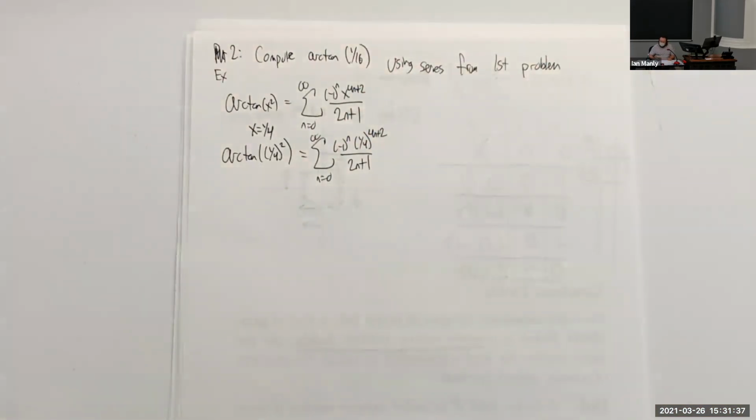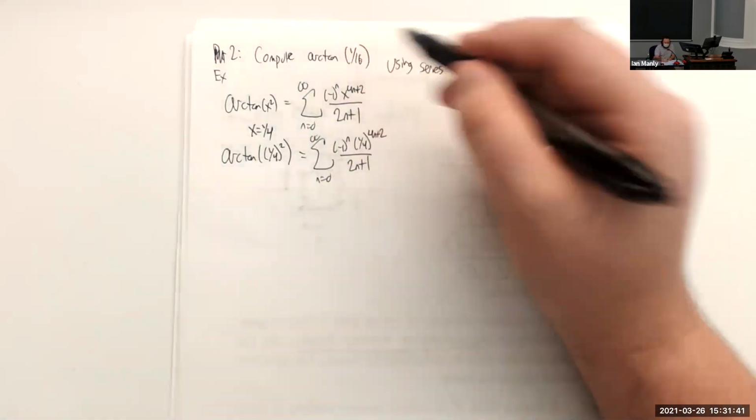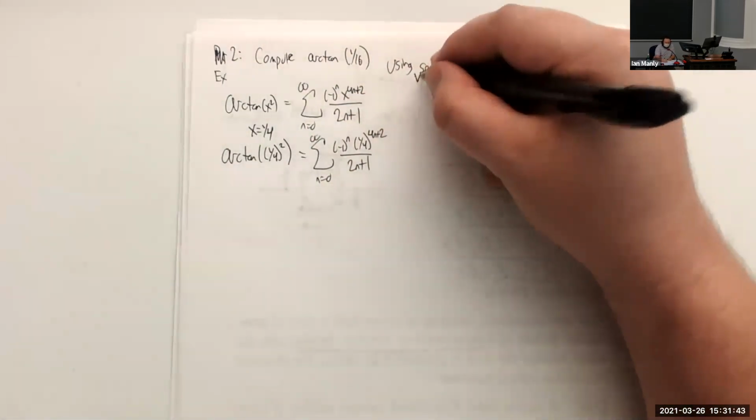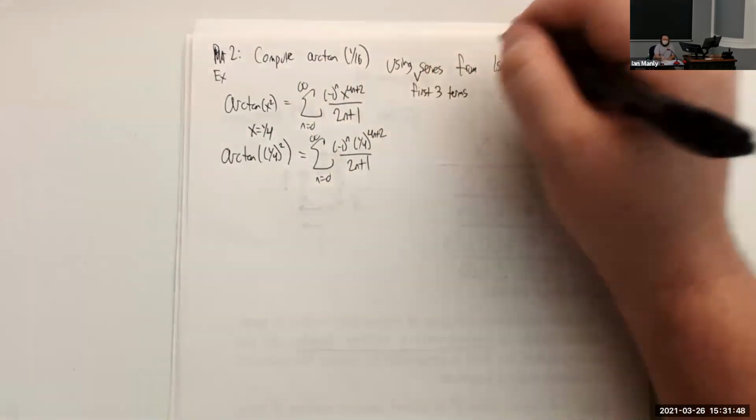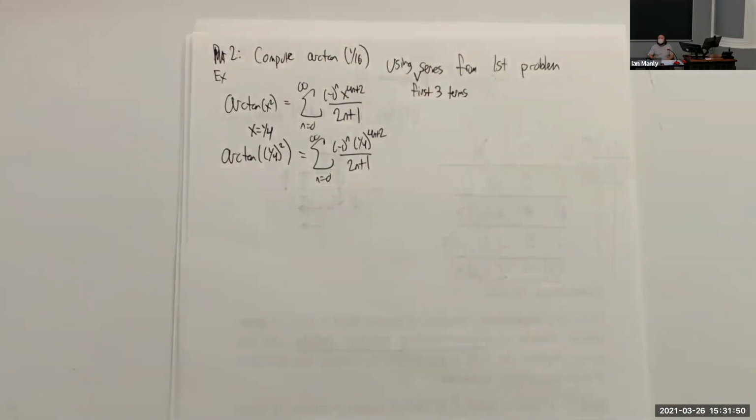Now in this one, rather than having a particular error, I want to compute this using the first 3 terms of the series. So that's the 2 ways people can ask you to do approximation. The first way is they can ask you to get within a certain error tolerance. The other way is to use a certain number of terms from your series.